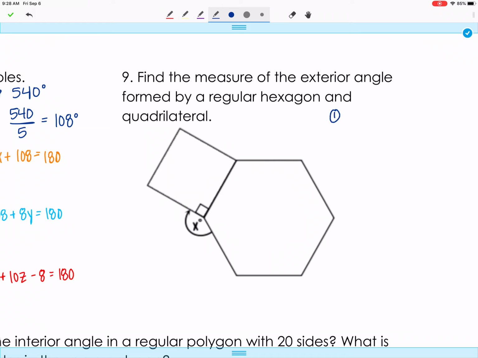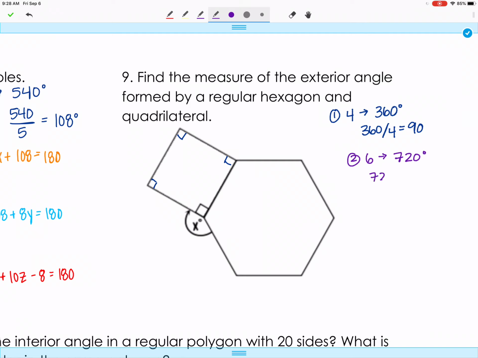All right, a square is a regular 4-sided figure that has a sum of 360 degrees on the inside. And if we divide that 360 by 4, then each of the angles on the inside is 90. And again, we should already see that from the one right angle that they gave us. All right, inside the hexagon, a 6-sided figure has a sum of 720.